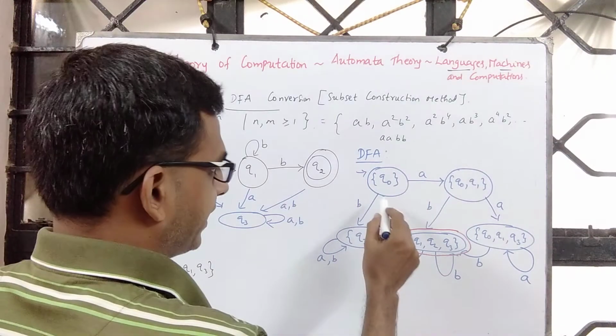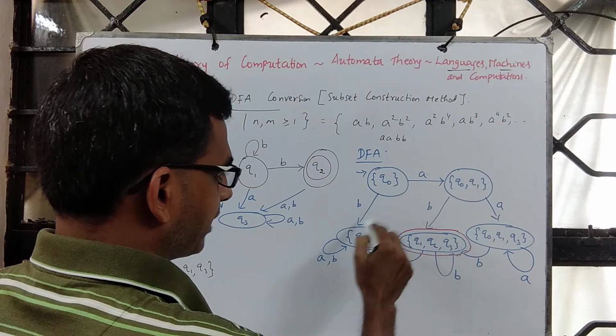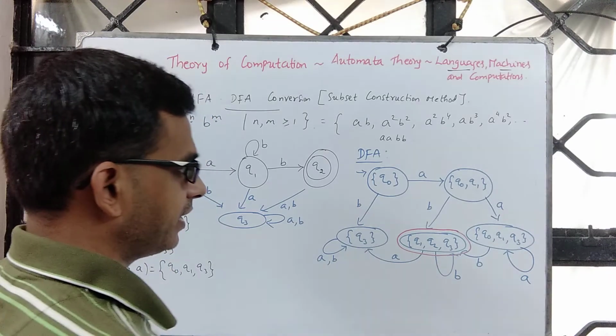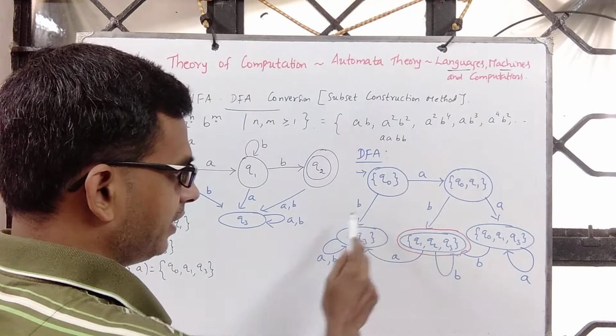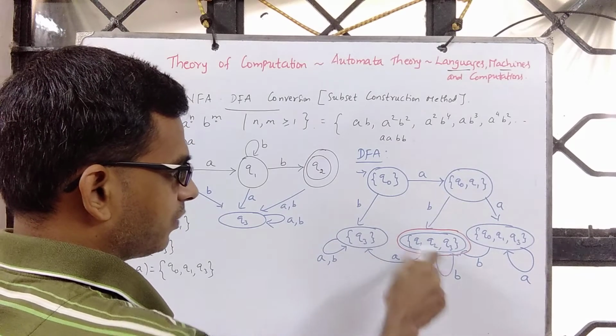Now you get to see that with respect to each subset, on reading a symbol from sigma, be it A or B, we move to exactly one state.